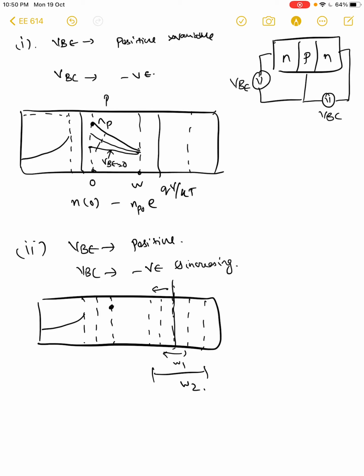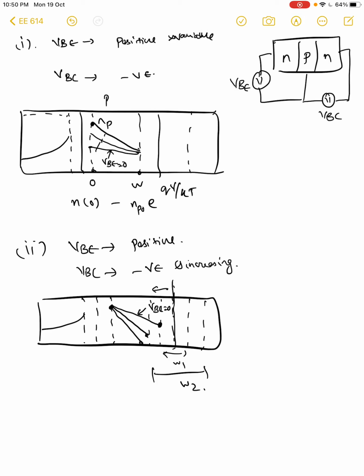So this is going to drop, and if it drops to some value here, on increasing the negative bias it drops further. And this is the case when VBC is 0, that is, if you are not applying any reverse bias, you just have some depletion width due to the built-in potential.